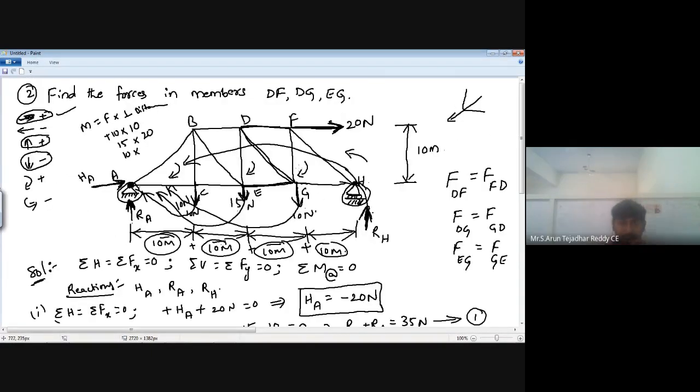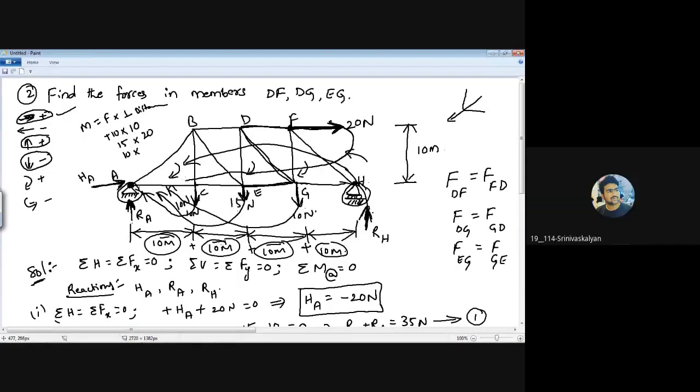Next, one more force is acting here, that is 20 Newton at point H. Moment about A, so check whether it is moving clockwise or anti-clockwise. The direction is like this, it is moving clockwise.